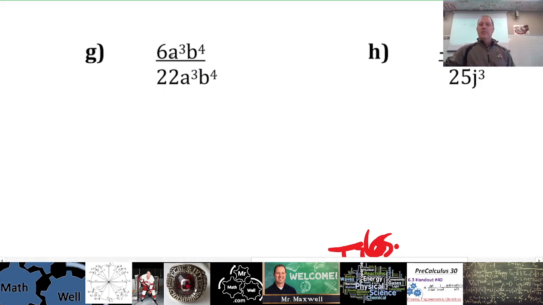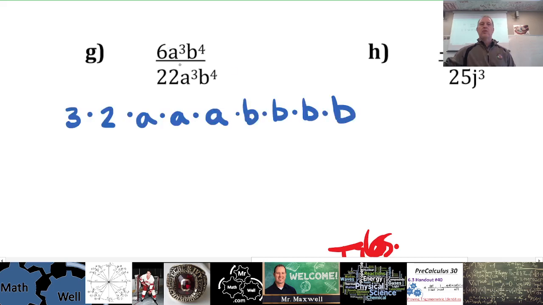So I would set this up like this. So 6 would be 3 times 2. You see that? I have 3 A's multiplied together, so that's A times A times A. I have 4 B's multiplied together: B times B times B times B. Okay, so that is the monomial on top, split into prime factors. That's what that's called.